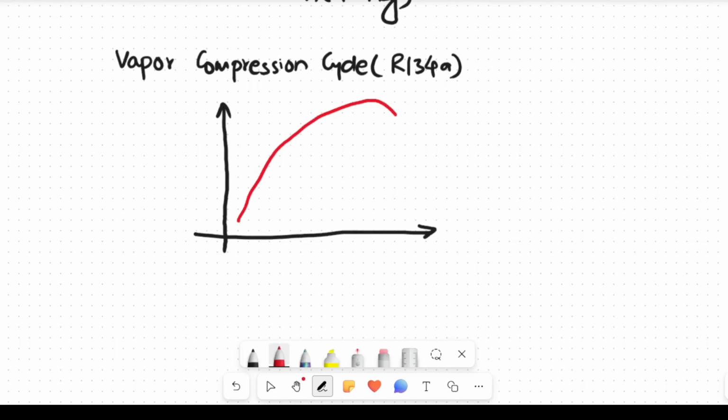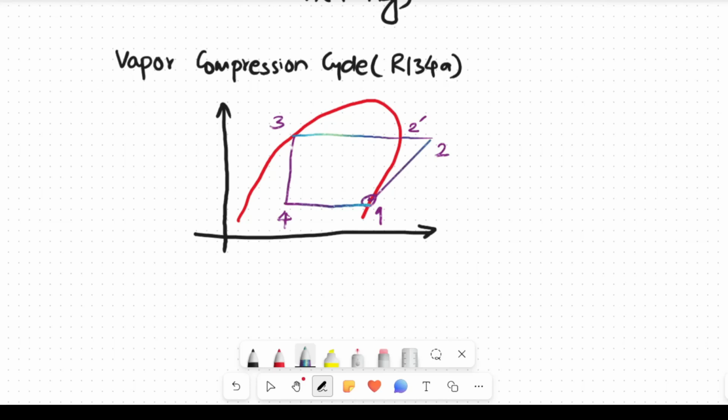Suppose this is our pH diagram. This is the dome. If the refrigerant is dry saturated at the end of the evaporation, suppose this is your process of compression, then there will be 2 dash, then 3, then 4, and 4 to 1.